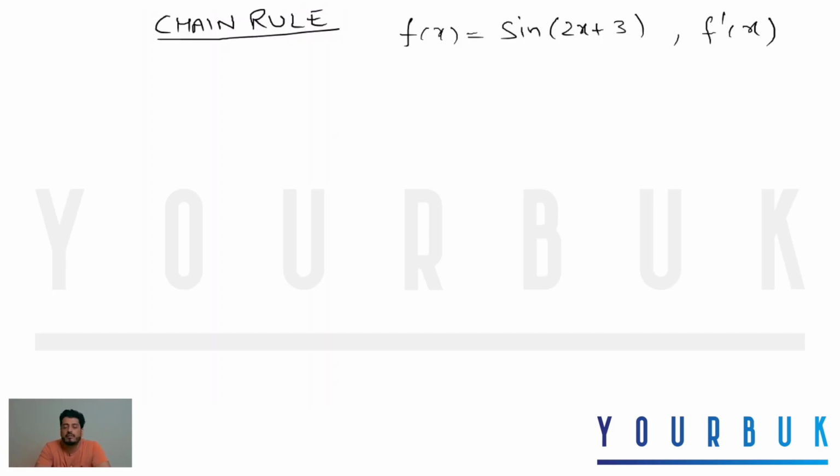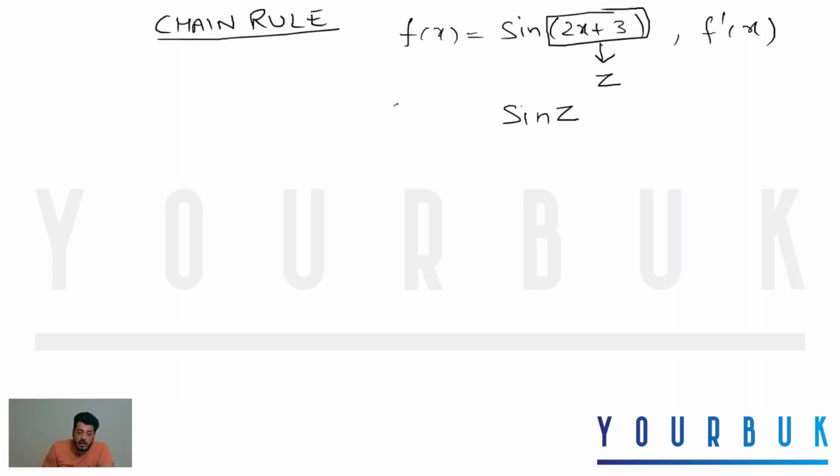We know the derivative of sin x, but here in place of x we have 2x plus 3. So what is the problematic quantity here? The problematic quantity is this 2x plus 3. So you will assume this problematic quantity as z. So now you will treat this function as sin z.